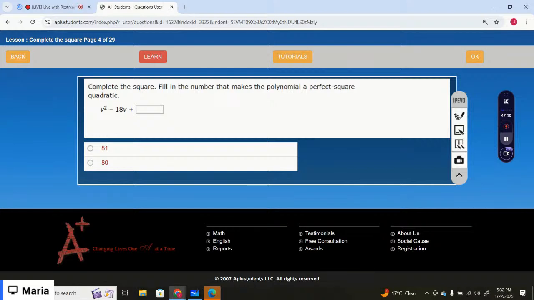V square plus 18v. That is 81. Option number 1 is the correct option.